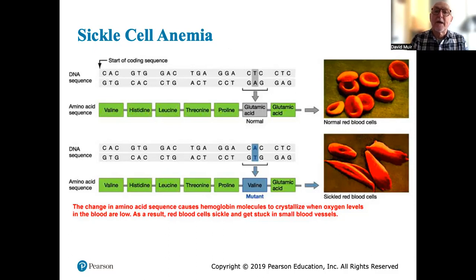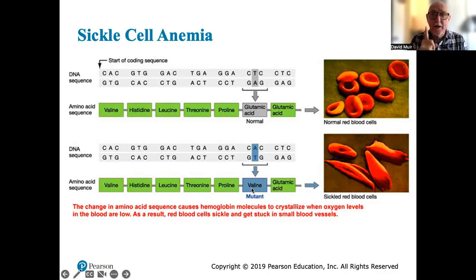That's the normal situation. So the glutamic acid is there, but all we have to do is change one base, one point mutation, in this triplet. Here, you can see CA instead of CT. CAC results in a codon GTG, and that codes for valine, not for glutamic acid, but for valine.